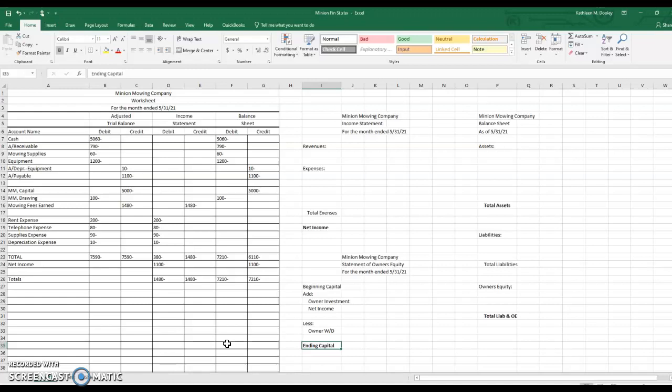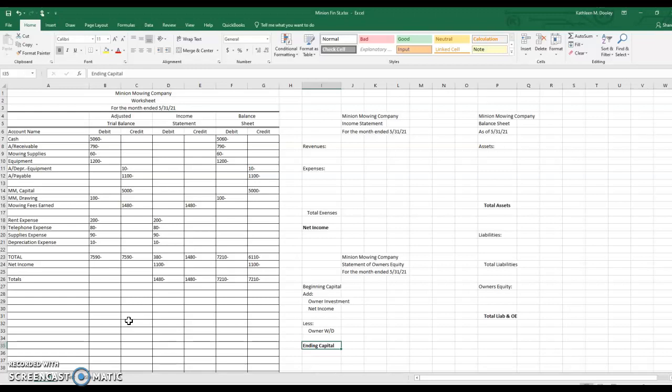Okay, one of the big keys to doing successful financial statements is to know what accounts go on what financial statements. So as we talked about with the worksheet, the income statement is all about, did management attain profitability for the business?